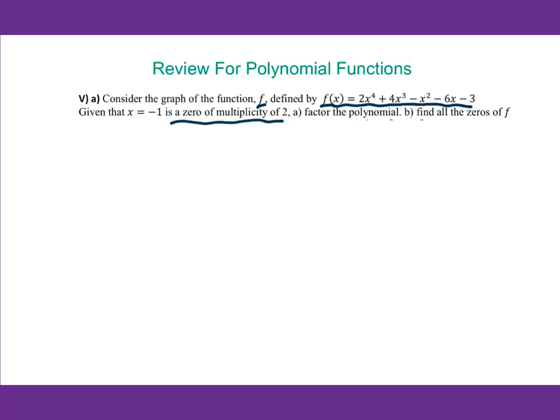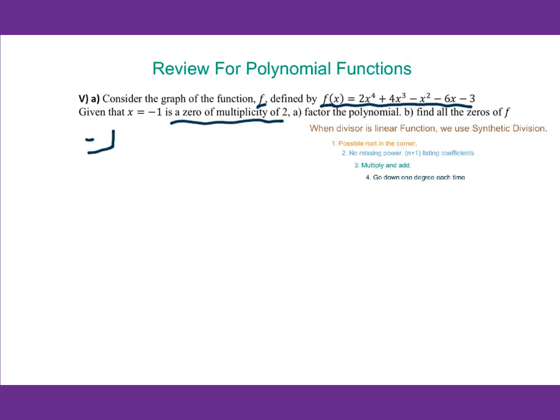First of all, we have to do synthetic division. Remember, for synthetic division, root in the corner, no missing power. Therefore, -1 is the root. We use -1. Check whether there is a missing power in this polynomial function.